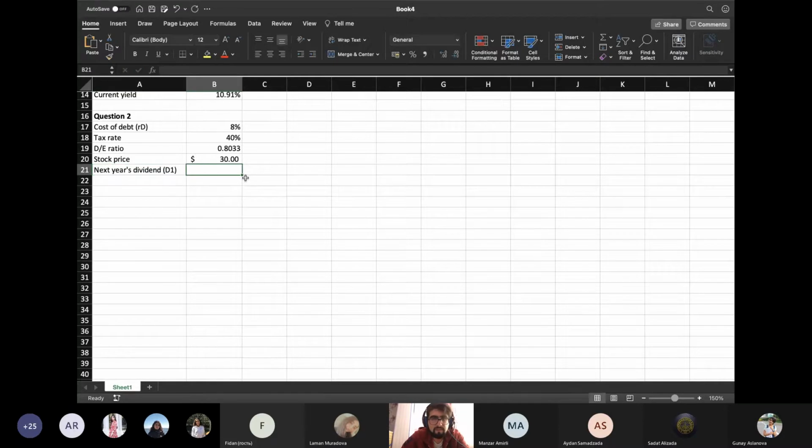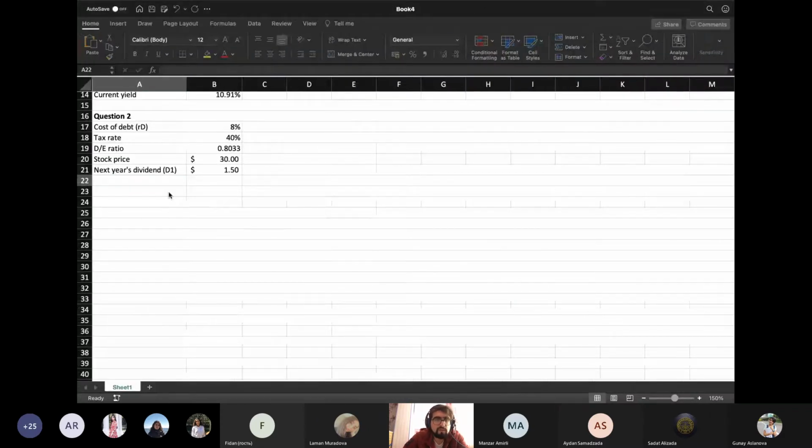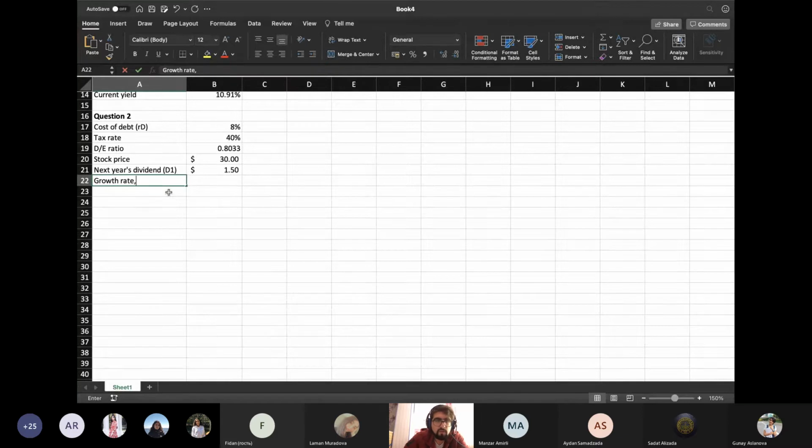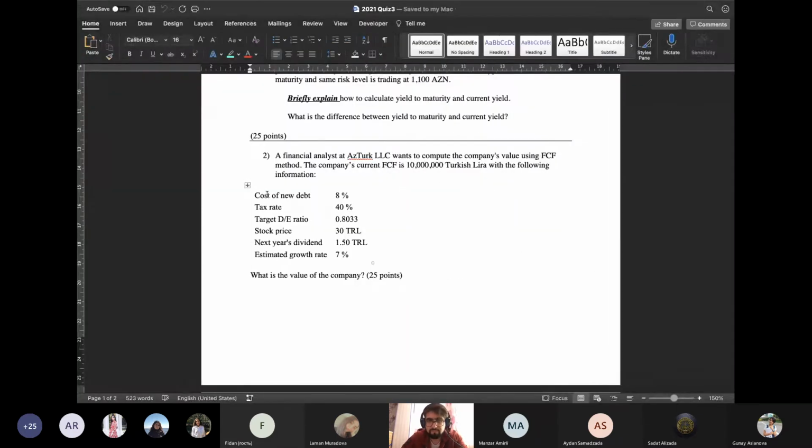D0 is the current payment. D1 is $1.5. Estimated growth rate is G, 7%, if I'm not mistaken, yes.